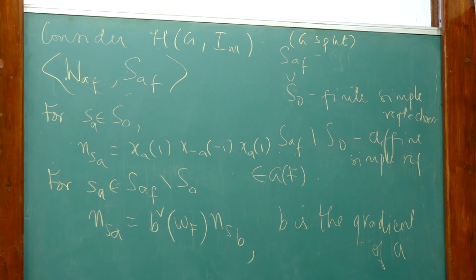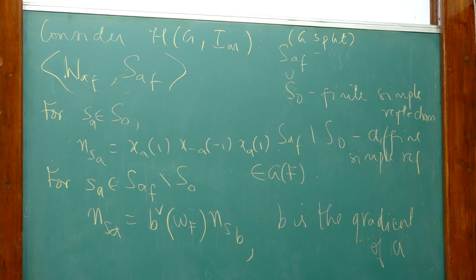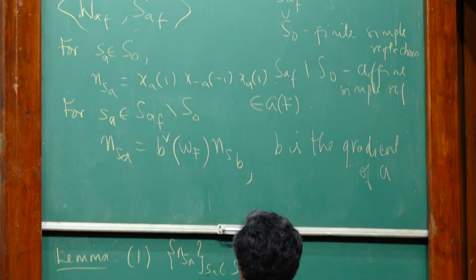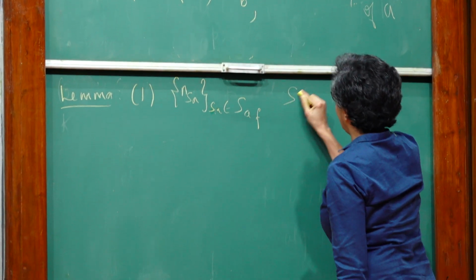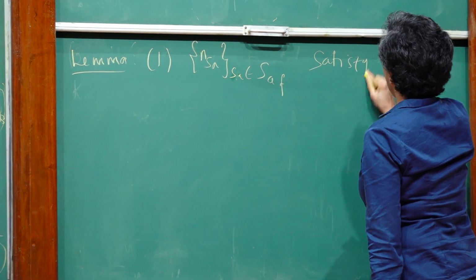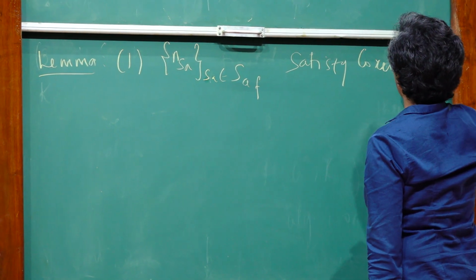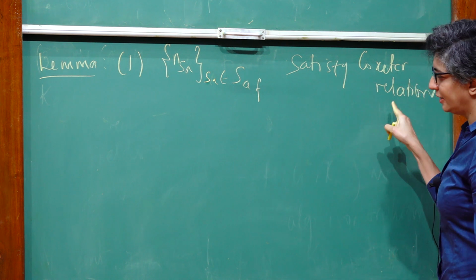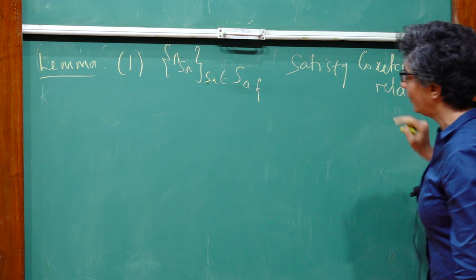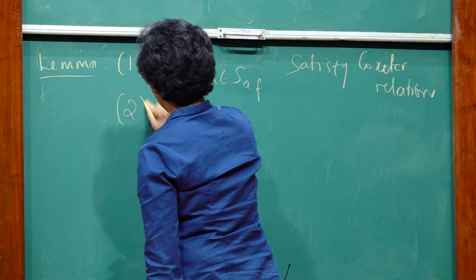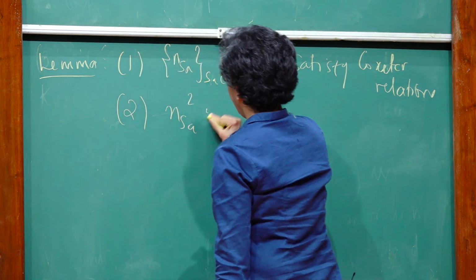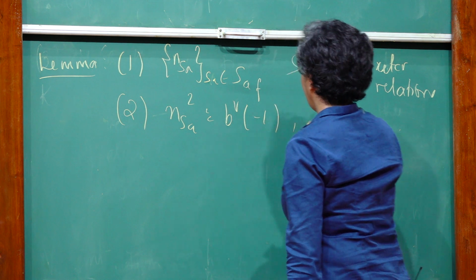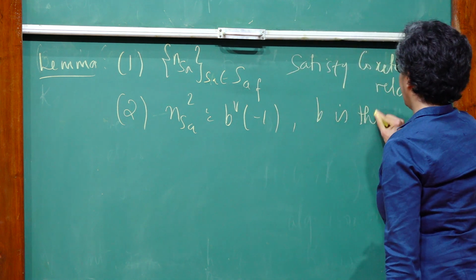The N_{S_A}, S_A in S affine, satisfy Coxeter relations. So this is analogous to what happens for the finite Weyl group. And then 2: N_{S_A} squared is B check of -1, where B is the gradient of A.